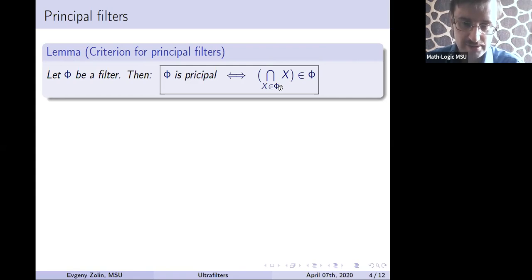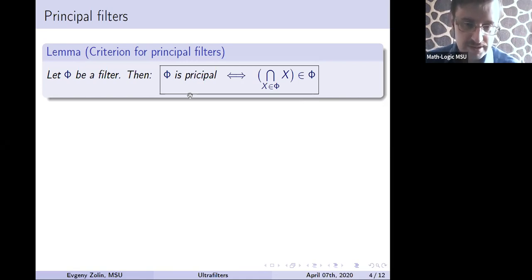But this set may be in phi, but maybe not in phi. It turns out that phi is a principal filter if and only if this big intersection is an element of phi. So in some examples, if we want to show that some filter is not principal, we simply build this intersection and prove that it is not an element of phi.